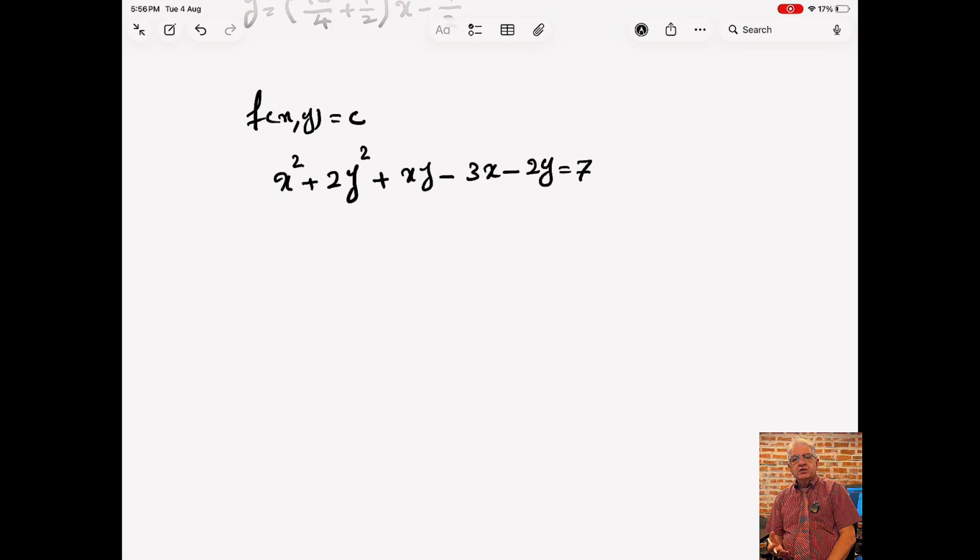You can differentiate this normally, and then factorize dy by dx and then solve it. Now we will try and see what I mean.